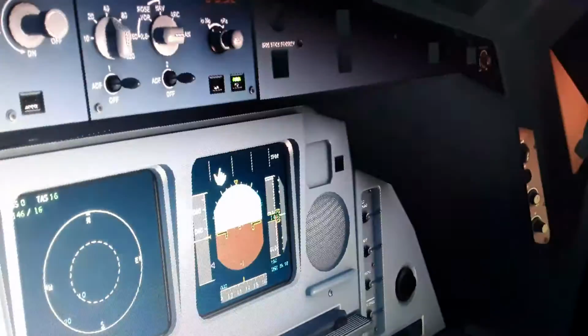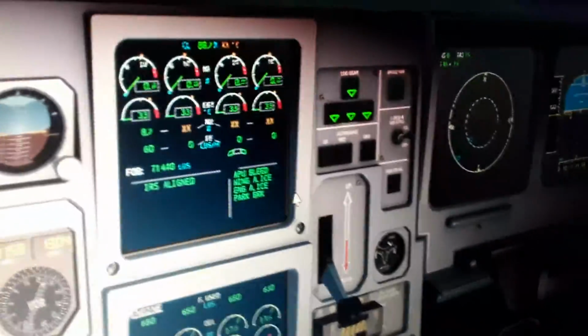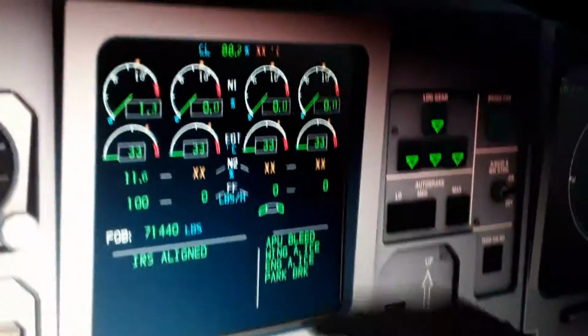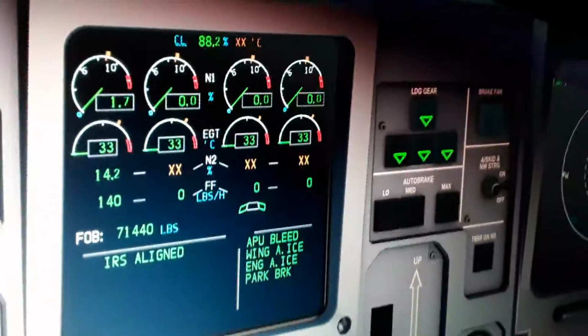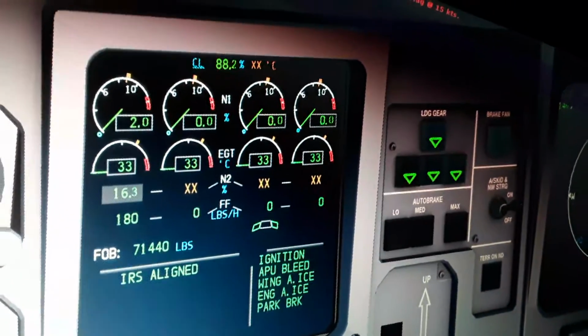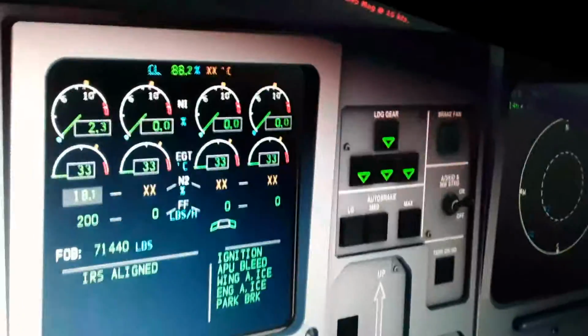So I'm going to turn engine number 1 on. So you're going to see this is the engine master switch, which initiates the sequence by letting the fuel go in, the fuel low pressure valve on.